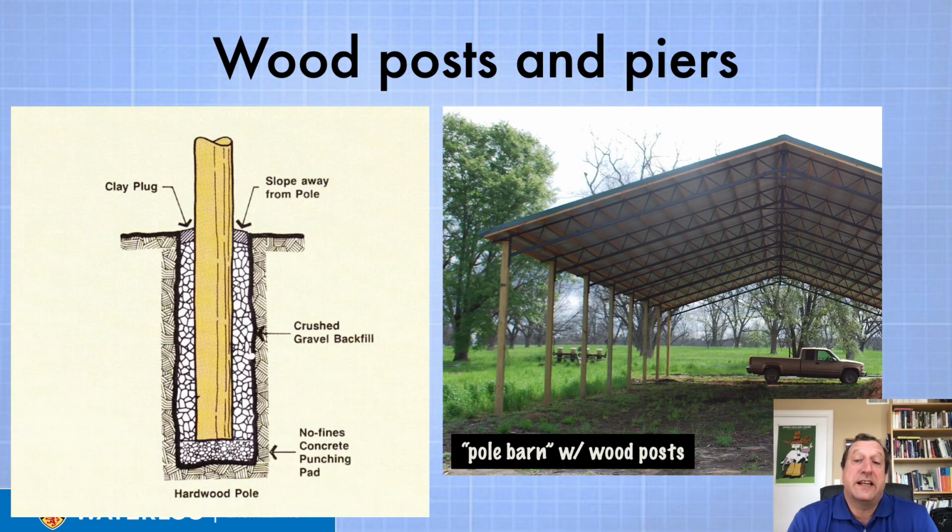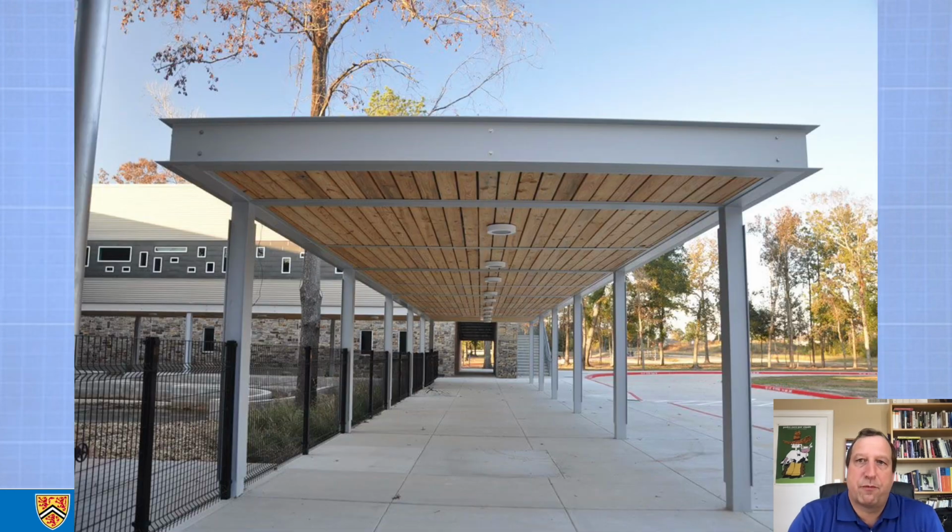One place we see it a lot is in pavilions, where the lateral resistance of this pole barn on the right-hand side is simply provided by the moment resistance of those columns embedded in the ground about 1.2 or 1.5 meters. But for most industrial commercial architecture, it's more likely that we'll see either posts.